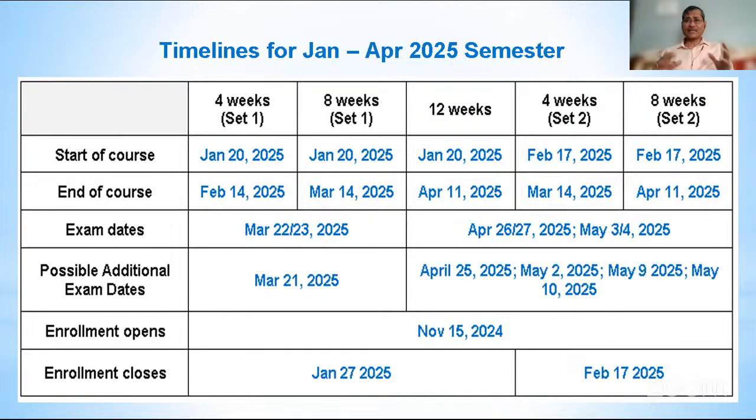However, since there is some uncertainty about how many people will write the examination in a particular semester, we have kept certain dates reserved. Depending on the number, we may conduct the examination on additional dates, like May 21st for the first set of 4 and 8 weeks, and 25th April, May 2nd, 9th, and 10th for the remaining courses.